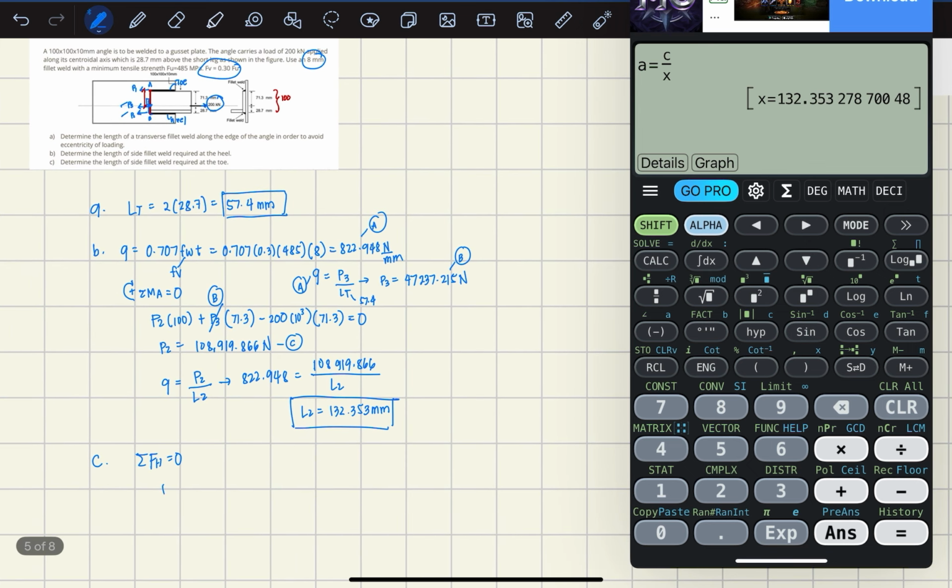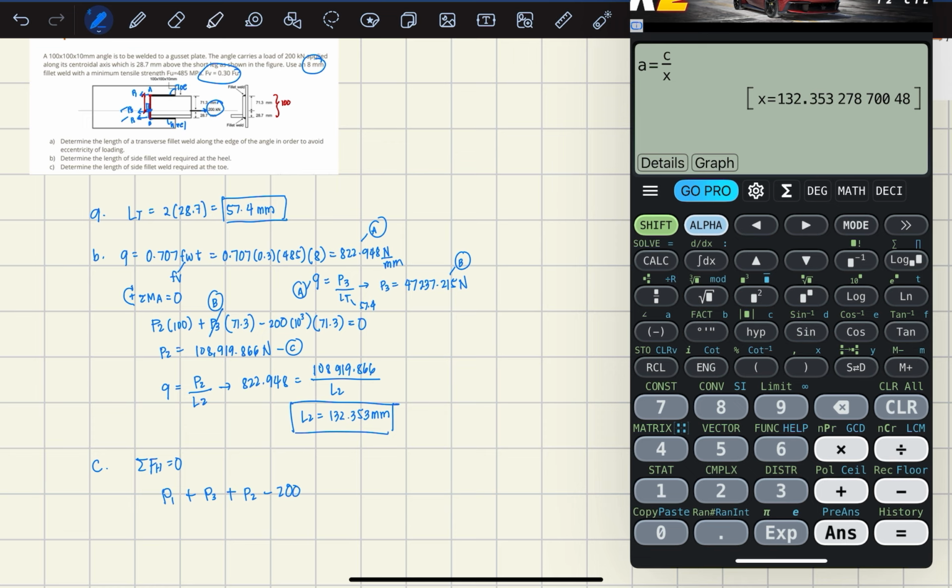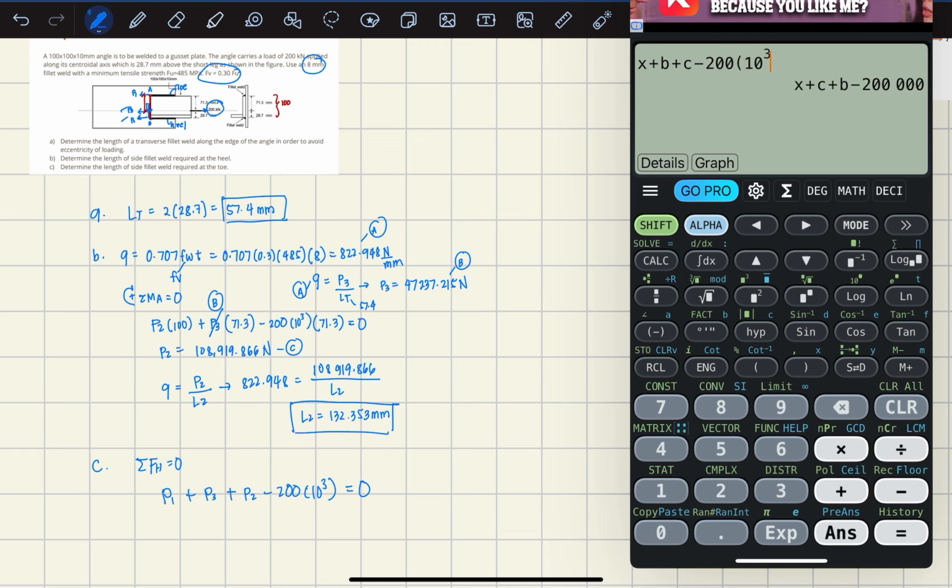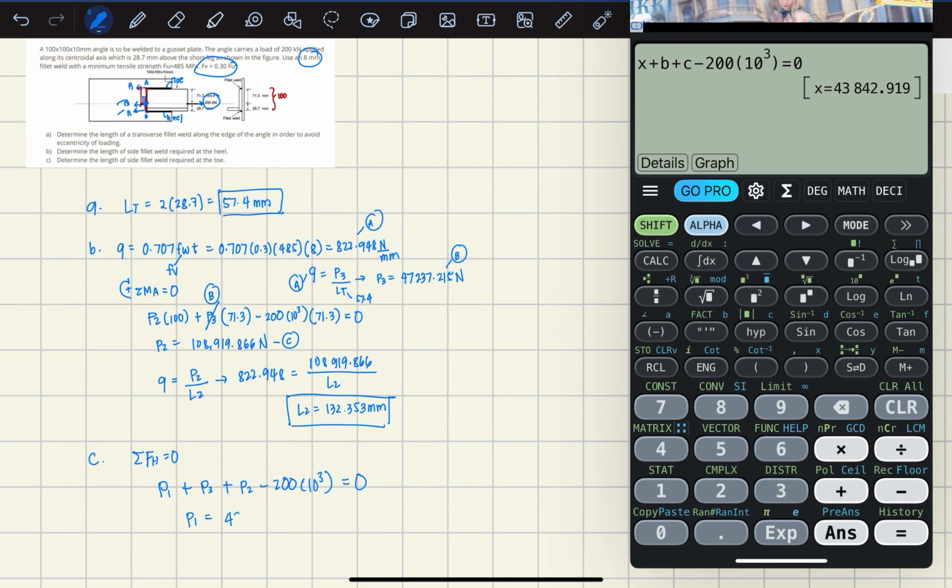We have here P1, which is unknown, plus the same-direction forces, which are positive, plus P3, plus P2, minus the 200 kN tensile load times 10 raised to 3 to become Newtons. So, P1 is unknown, plus the P3 stored in B, plus the P2 in C, minus 200 times 10 to the 3 equal to 0.